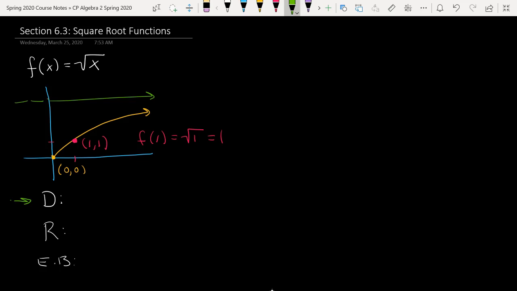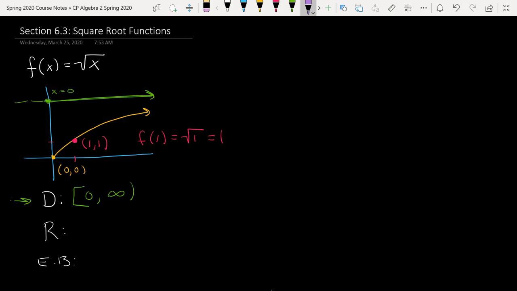Well, we don't start to see a curve at all until the point where x equals 0. And then from there on out, we have a curve. So we can say that the beginning of the domain is the x point 0, but then it goes on forever to infinity.